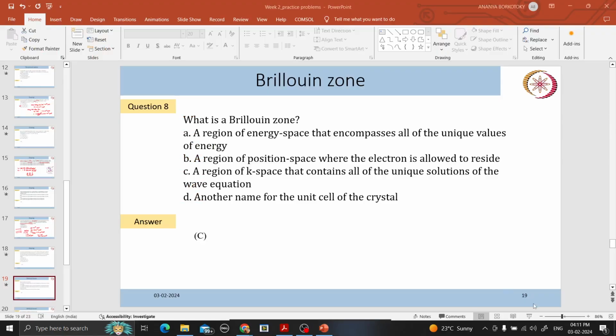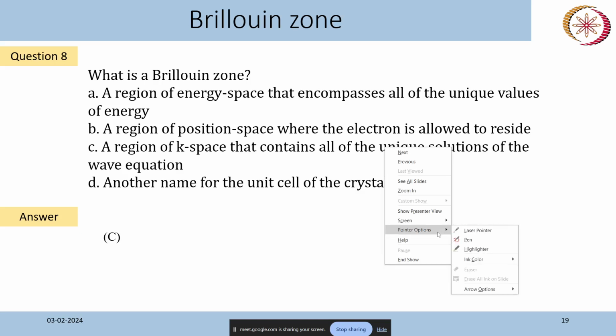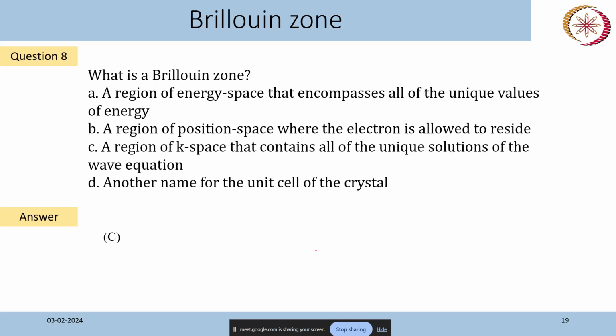Okay. So someone is saying something. What is meant by unique solutions of the wave equation? I can't understand that.